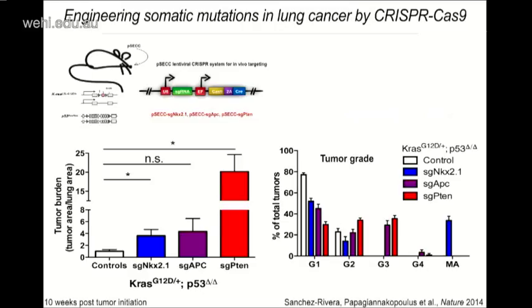So indeed, when you mutate NKX2.1 or APC or P10 along with KRAS and P53, you get more tumors per area than in the control animals, and as well, the tumors progress to a more advanced stage of pathology. So indeed, we can quite quickly confirm that these tumor suppressor genes have the expected effects by inactivating them in this directed fashion.